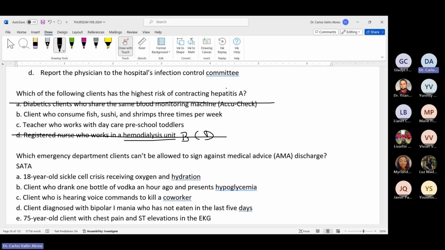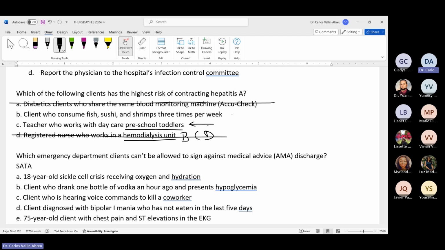not for hepatitis A. So now we have a client who consumes fish, sushi, shrimp 3 times per week, and a teacher who works in a daycare with preschool toddlers. The important thing here is to know that many of the preschool toddlers are still diapered, still not potty trained.